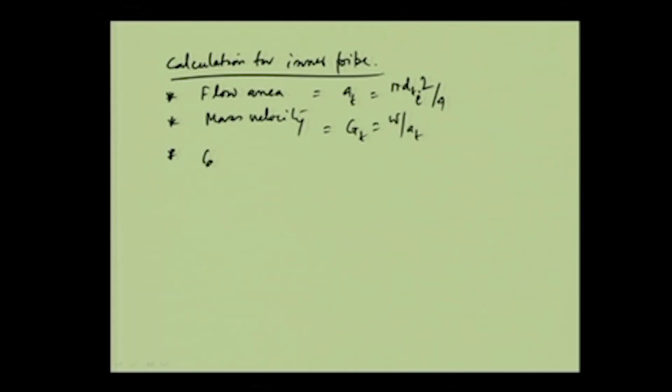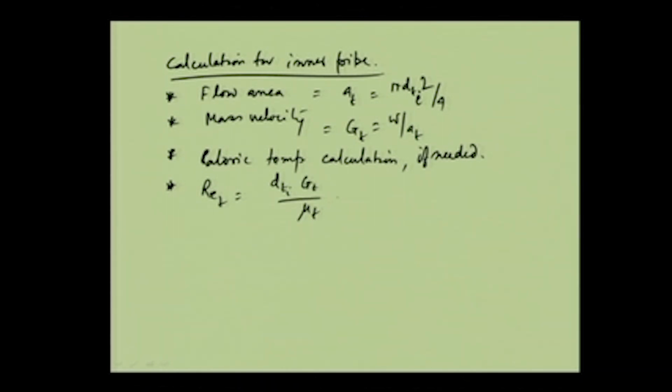And then caloric temperature calculation, if needed. Then comes the Reynolds number calculation for tube side, it will be dt I into Gt by mu t, that is rho v d by mu, that we know.